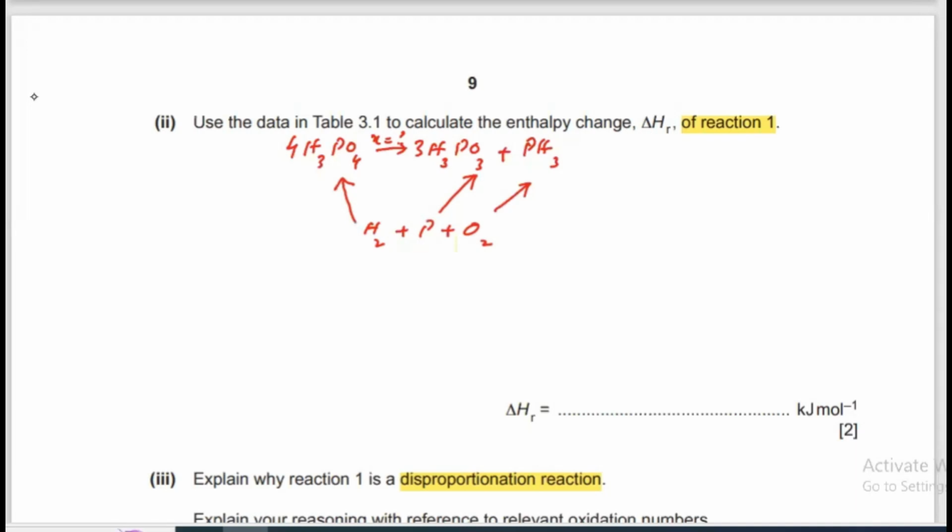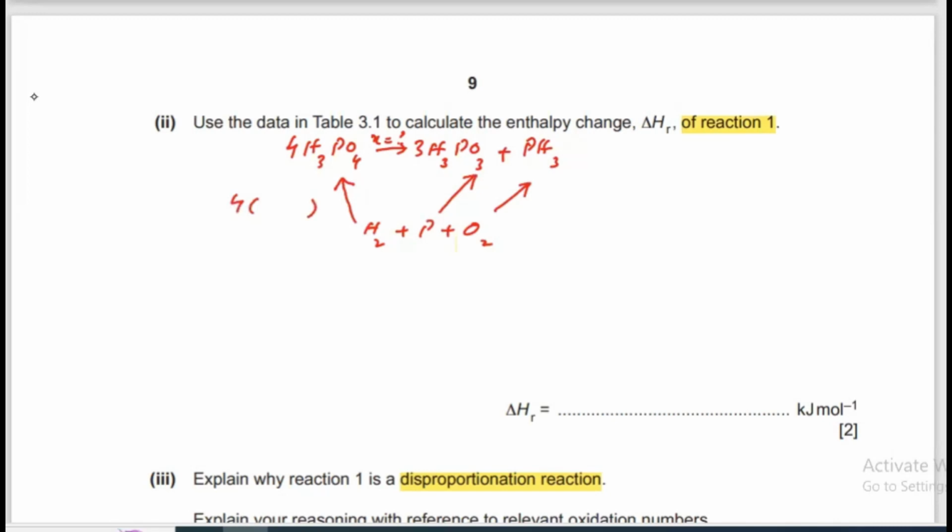There's no need to balance the hydrogen, phosphorus and oxygen, because these 3 reactants are used on the left and right hand side, but just concentrate on the moles of the product which you are getting. So the standard enthalpy change of formation of H3PO4 is 4 times. So you can put the data 4 times here.